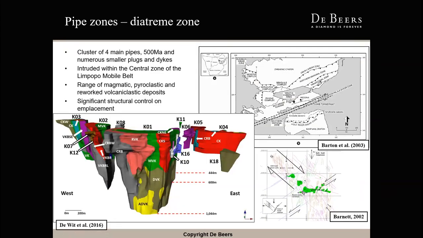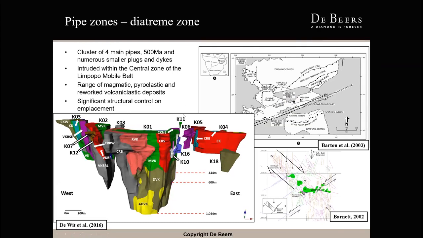Moving now to the diatreme zone, and for that we move up to the north of South Africa on the border with Zimbabwe. The Venetia pipe cluster is essentially four main pipes and a whole lot of smaller plugs and dikes, all of which are give or take 500 million years old. They intruded into the central zone of the Limpopo mobile belt, so very high-grade metamorphics for the wall rock.